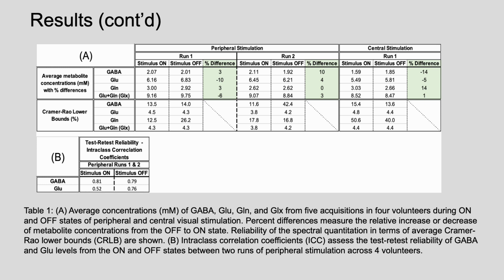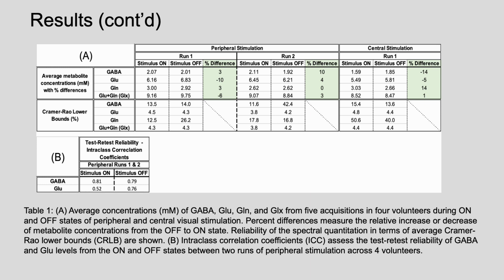Quite simply, there was a small trend of increase in GABA from the on versus off stimulus states. However, the trend in glutamate was more inconsistent. But the combination of glutamine and glutamate showed a more predictable, decreasing trend.